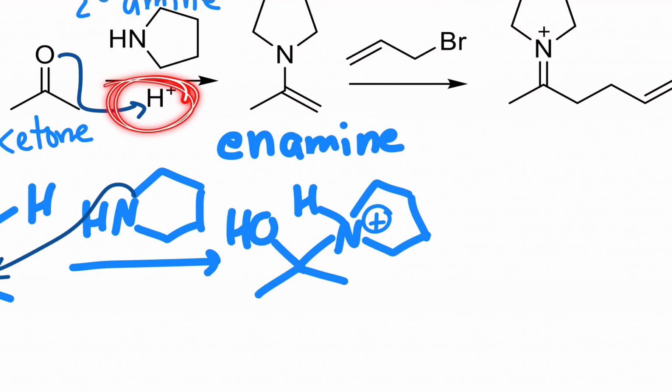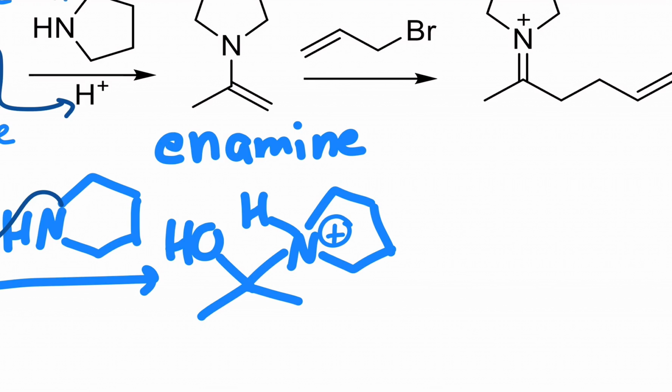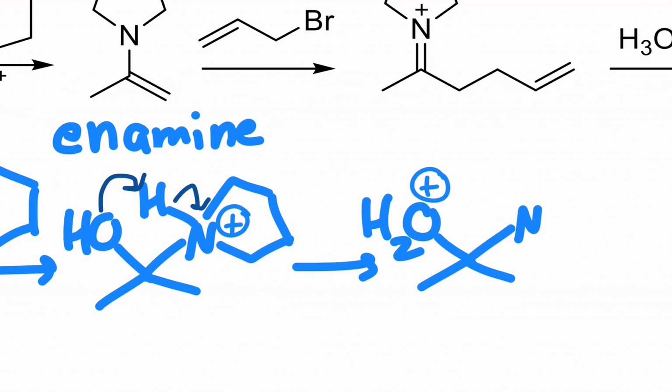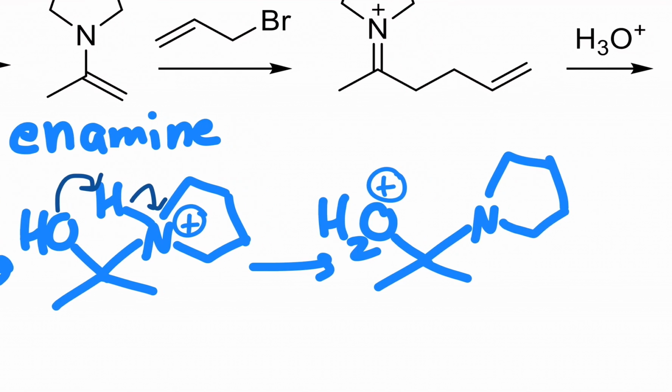We are in acid, so I need to make a water molecule. So let's do a proton transfer from the N, where there's a lot of them, to the oxygen, where there aren't that many of them. That turns the OH into an OH2 with a plus. And now I have a nitrogen with a 5-membered ring.